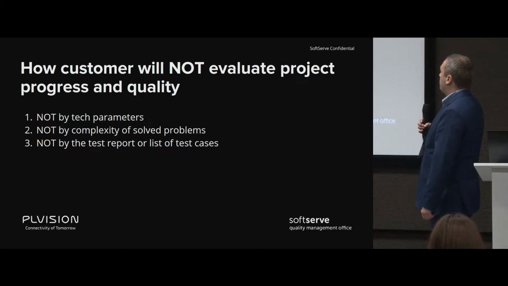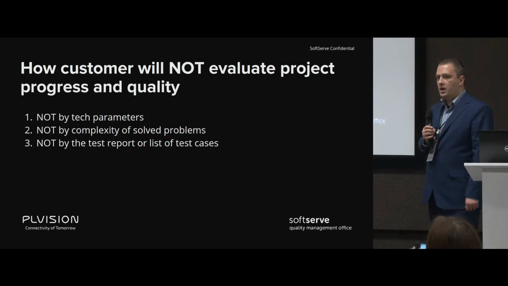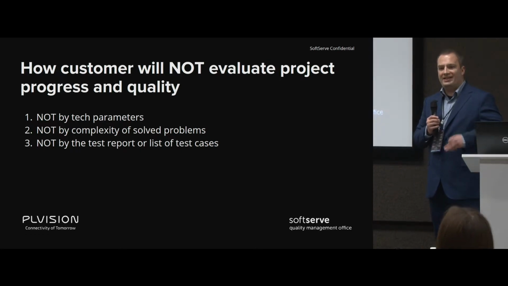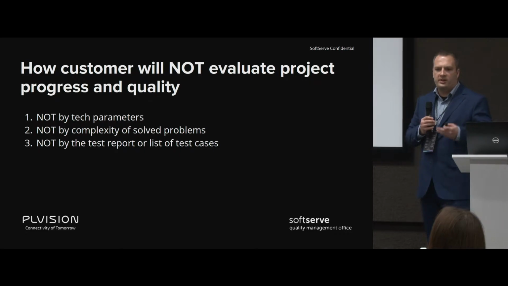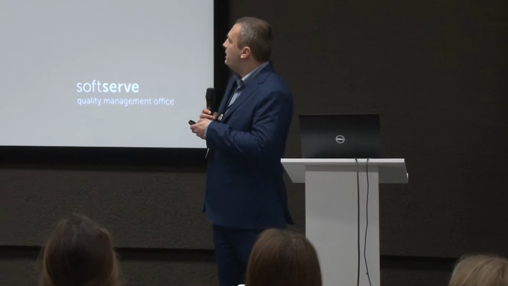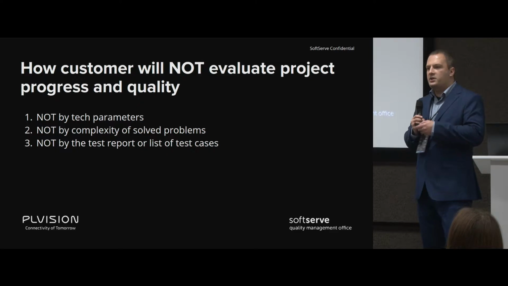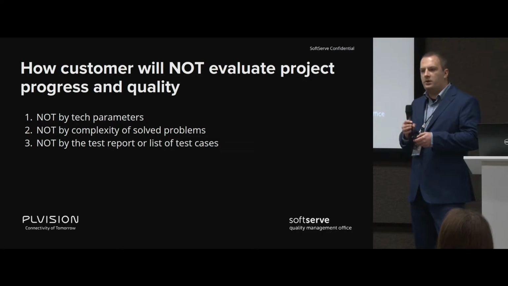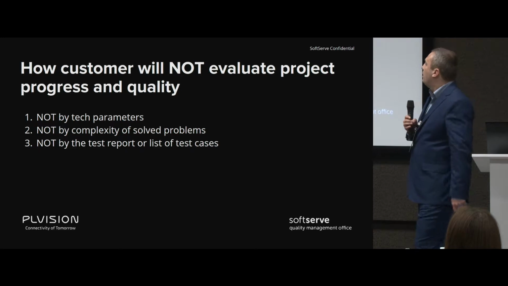And again, how does the customer evaluate the project? Not by tech parameters. Your test checklist can include test parameters. It will be accepted because, well, everybody accepts something like that, but it says nothing to the customer. Same, not by the complexity of the solved problem. We have a perfect third-party application, but it didn't fit, and we made a workaround that allows us to use it, and so on.